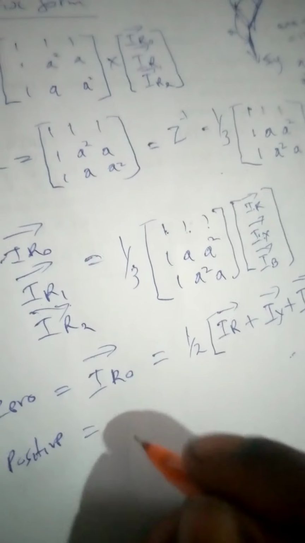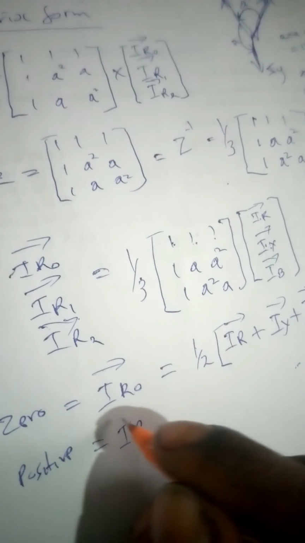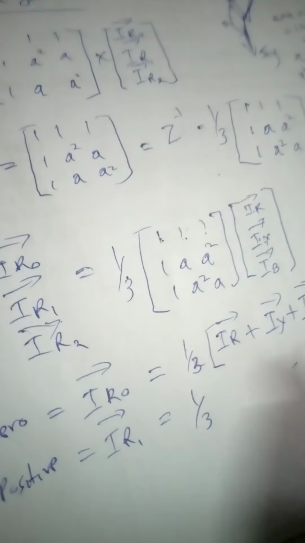Let's continue, and we are going for a positive. This is a positive sequence, and positive is derived IR1 times a third, that one multiplied by red, yellow, blue, and here we have IR1 is given by a third.